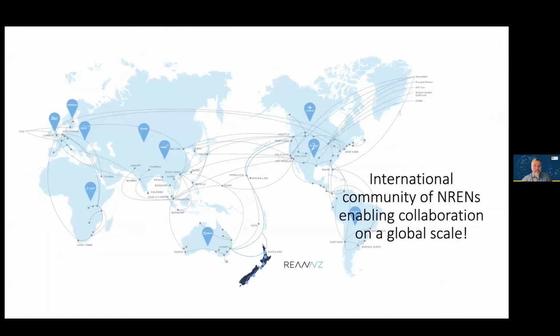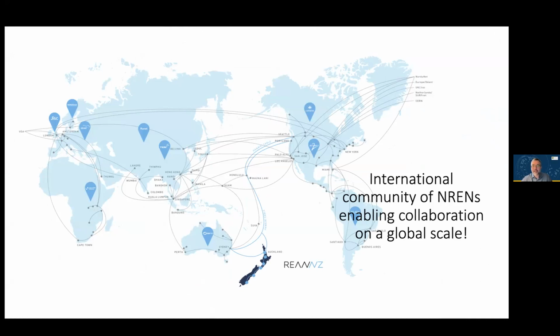This is just an example from some material that REANNZ put together a couple of years ago, but the interconnectivity of the national research and education networks is immense. It's being worked on constantly, making sure it is up to date, that we have capabilities on new cable systems, and that we have the necessary bandwidth between different points on the globe.